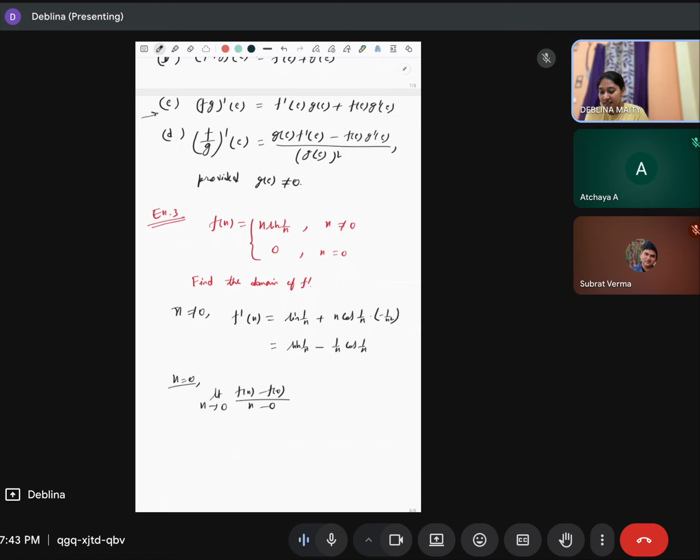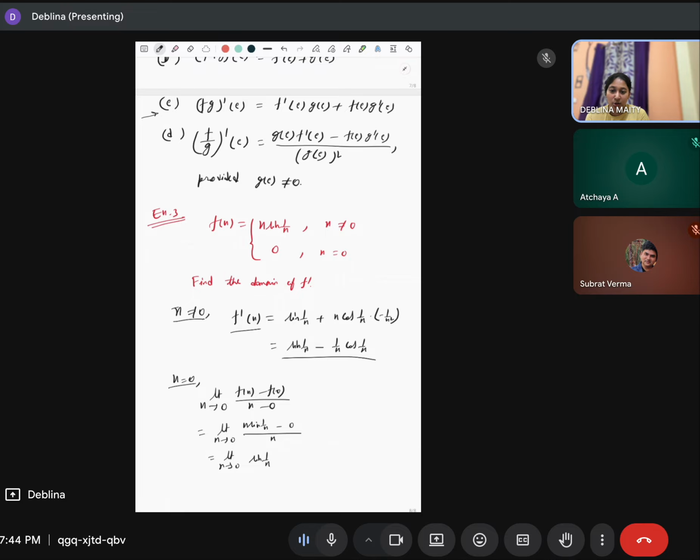For x equals 0, this is x sine 1 by x, and f 0 is 0, so it is limit x goes to 0 of sine 1 by x.